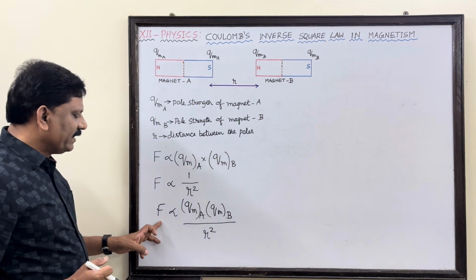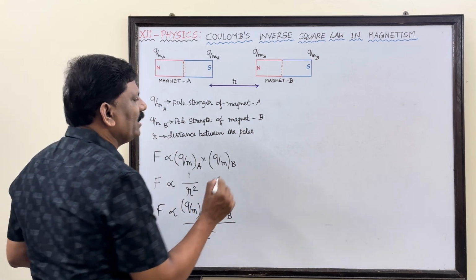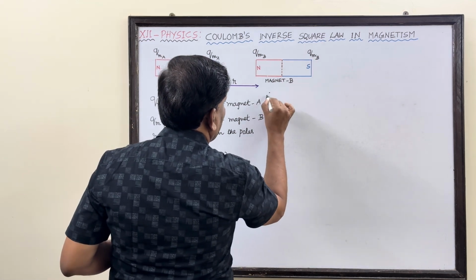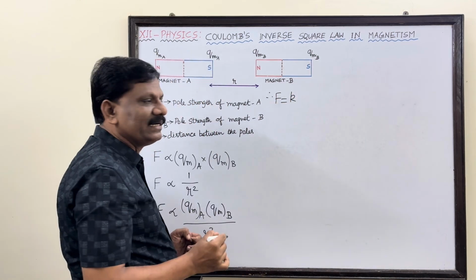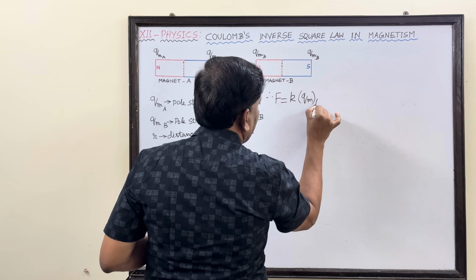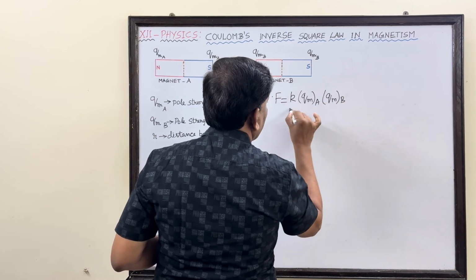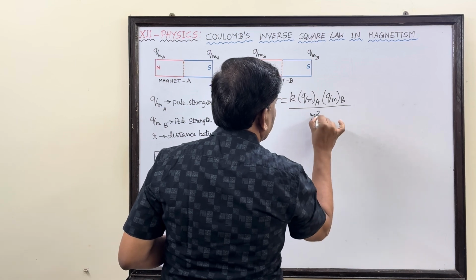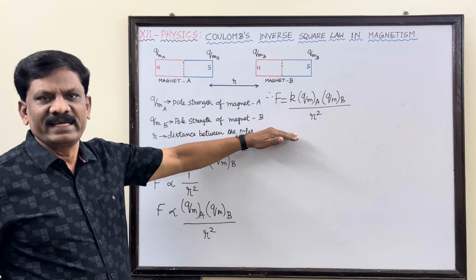Now, the left hand side is proportional to the right hand side. Therefore, I want to convert this into an equation. So I write, therefore, the force is equal to a proportionality constant K into QM-A into QMB divided by R square. So I have written it in scalar form.